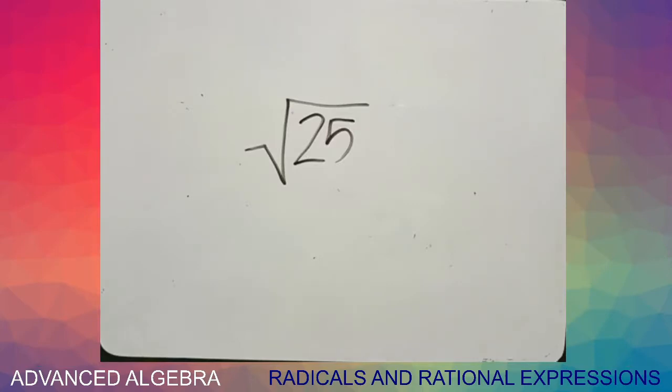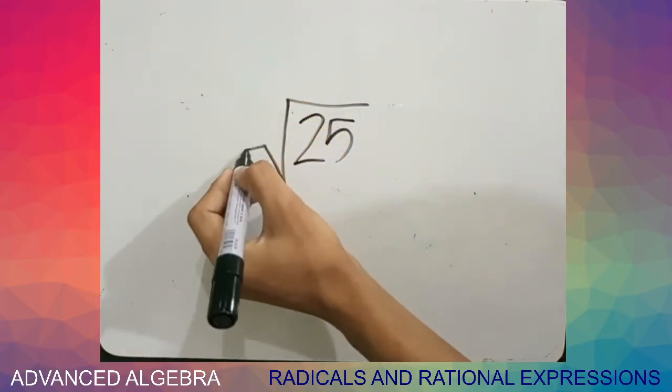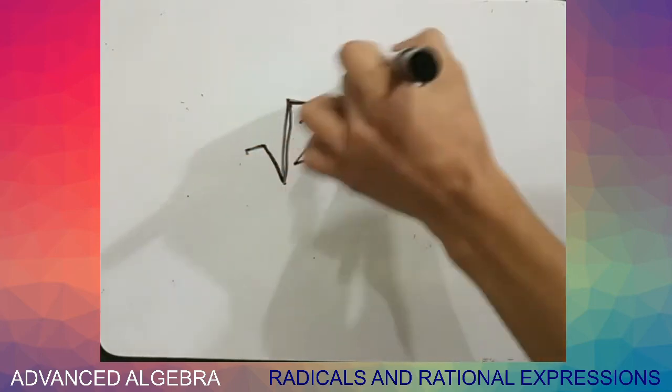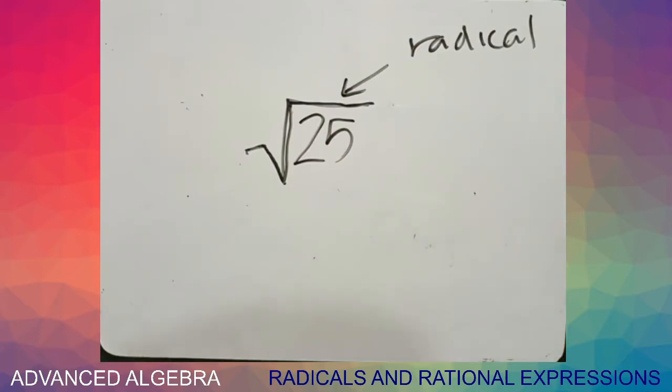Okay, so magbigay tayo ng example. So, the square root of 25, kunwari. So, ang sinasabi doon is, itong symbol na ginamit natin, kita nyo to, ito ang ginugitan ko. Ang tawag diyan ay radical, or radical symbol.